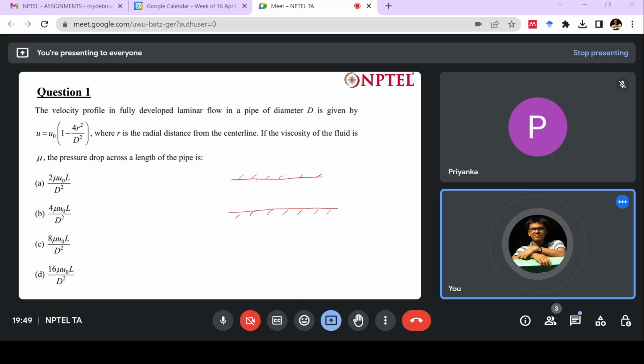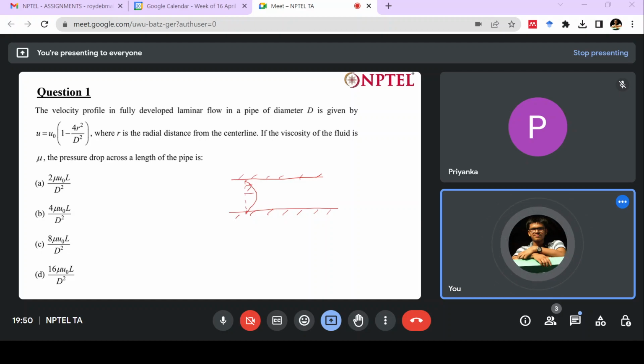But right now, we are considering flows where friction is present. So we will have no slip conditions at the two boundary edges. And when our flow is driven by pressure, our velocity profile will look something like this.